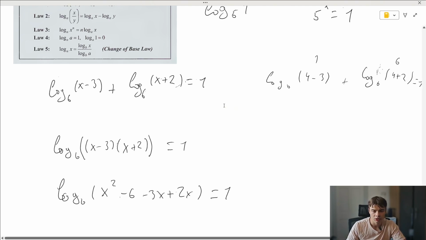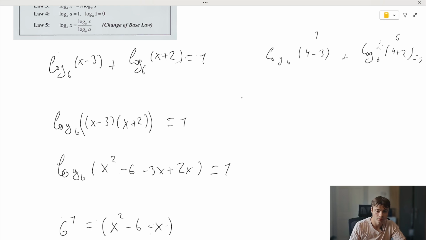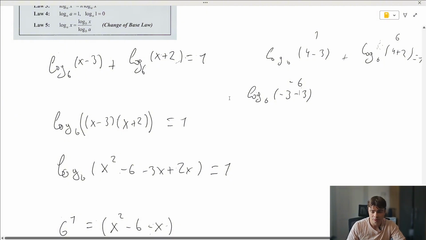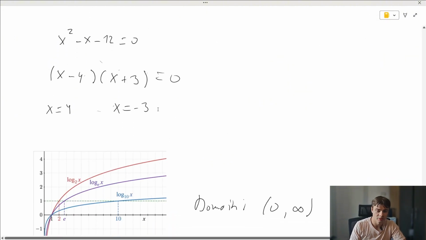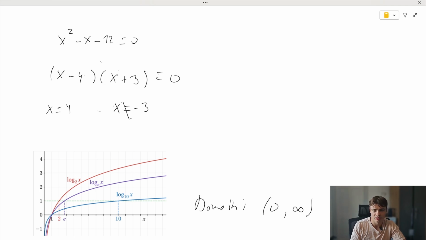Now try minus 3. Minus 3 minus 3 is minus 6. Negative number. So minus 3 is not the answer, because log is undefined when x is minus 3. The only answer is x equals to 4.